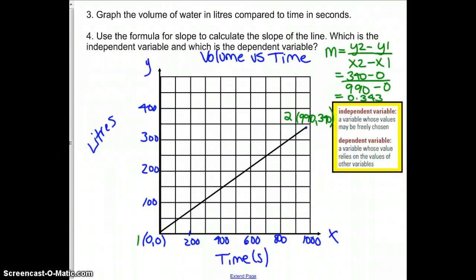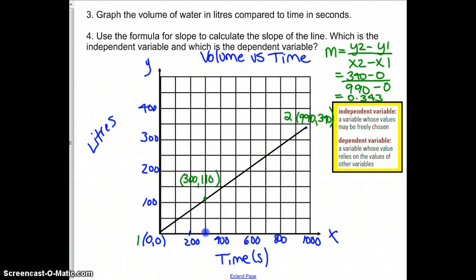So after 5 minutes, how many seconds is that? If there's 60 seconds, good, it would be 300 seconds. So we look over here at the 300 mark and go up and put a point about where that would be. So what would be a good estimate? Good, 110 maybe. So our point there would be 300 and 110.